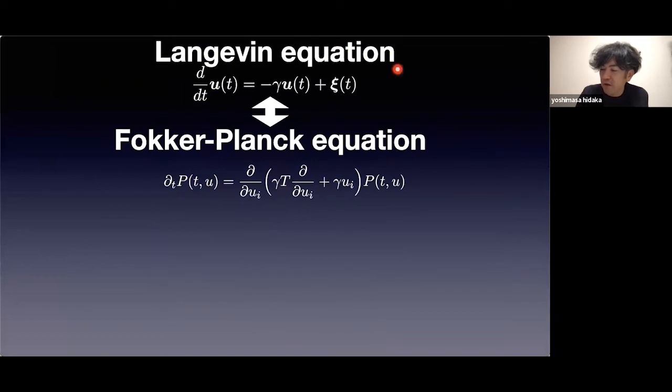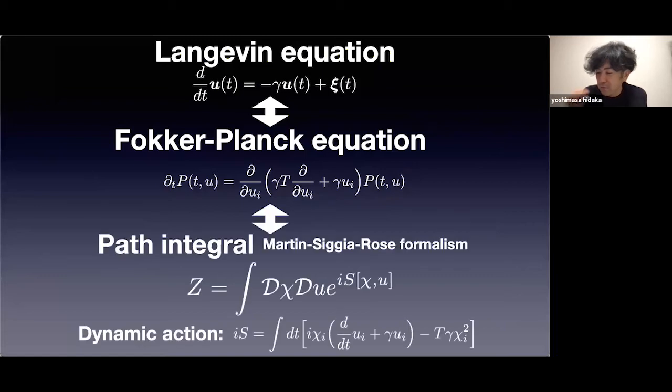To see the global symmetry, you can rewrite this equation as a Fokker-Planck type equation, because there is some equivalence. This looks like the Schrödinger equation: the time derivative is equal to some differential operator times the probability. That means you can rewrite this system in some path integral form.